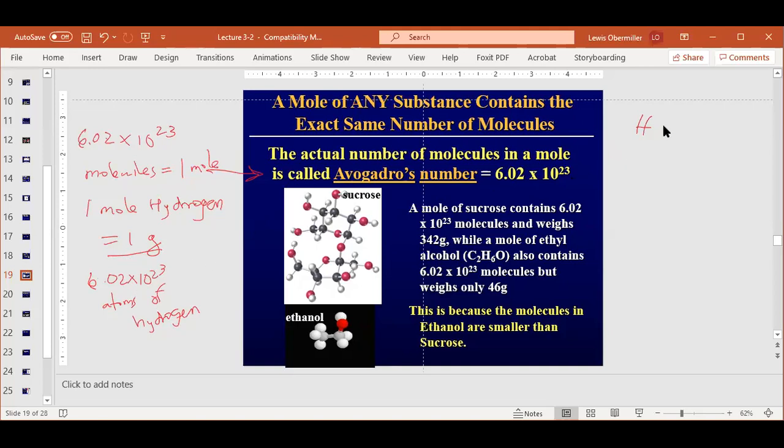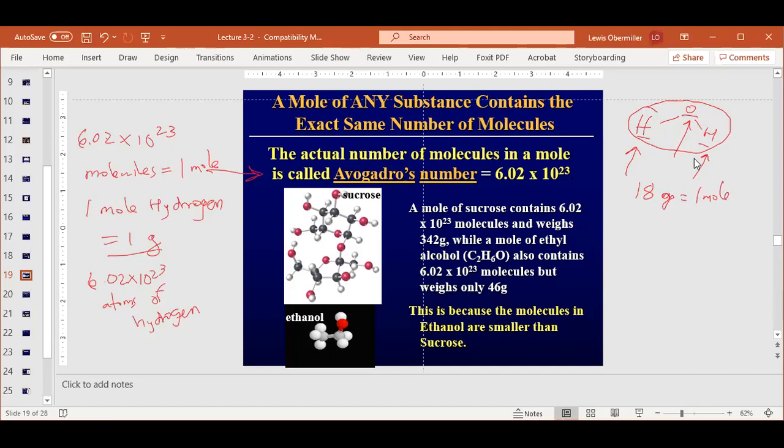Like if we're talking about water, so for water, this thing is all connected, right? So if we add up the molecular weight of each of these, it would be 16 plus 2, which would be 18 grams, and that would equal 1 mole.